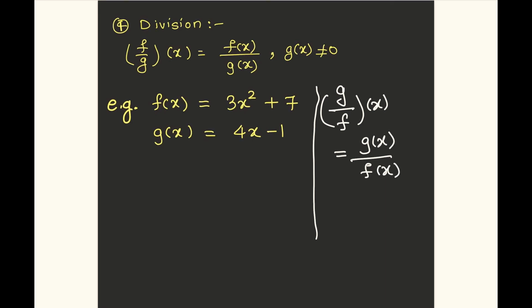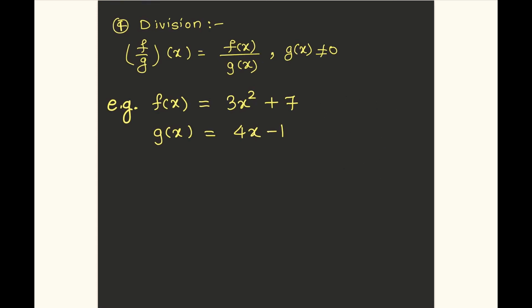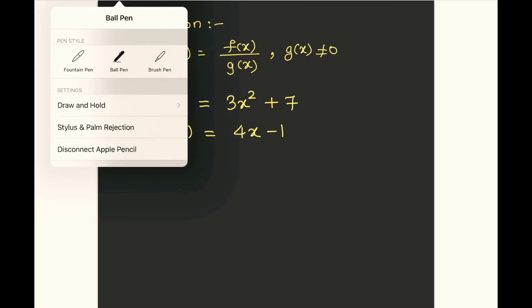So it is very important to know what they are asking and what you have to calculate. Now let me wipe this off, and you can pause the video and try to solve it yourself. I will go ahead and solve it for you here now.